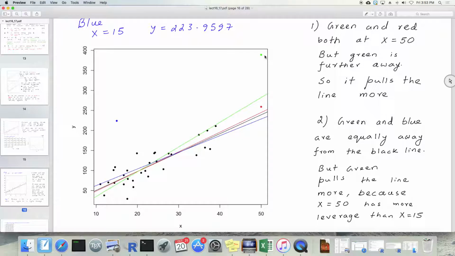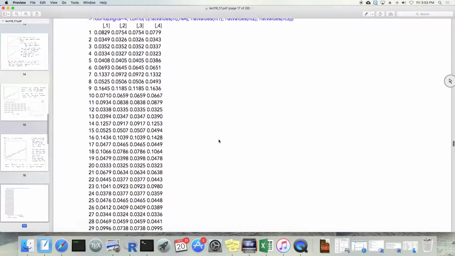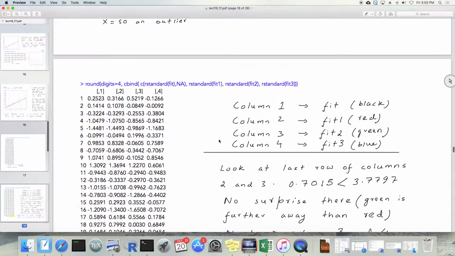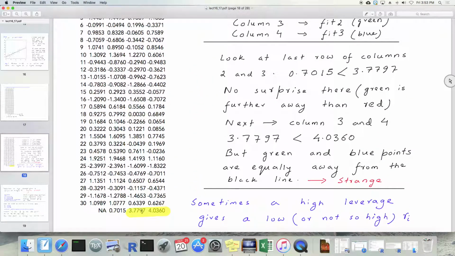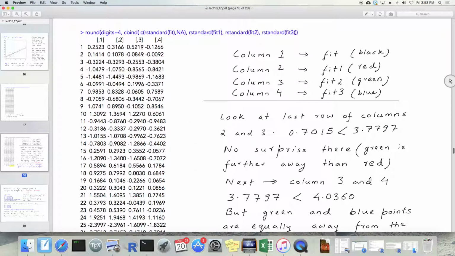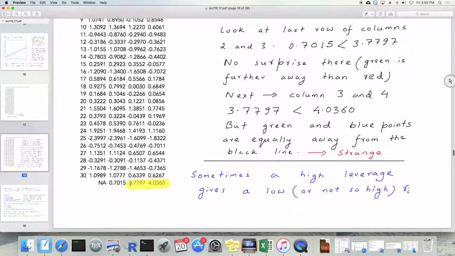And once again, we can check the standard residuals. By the way, column 3 is for the green, and we already know it was 3.7797, which was big, and hence we know that's an outlier in response.